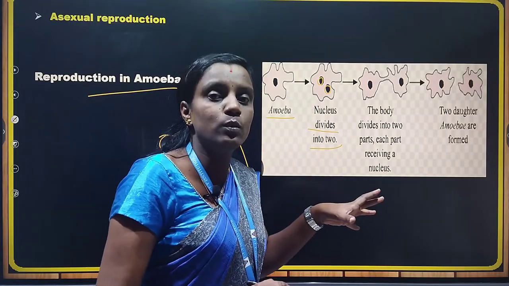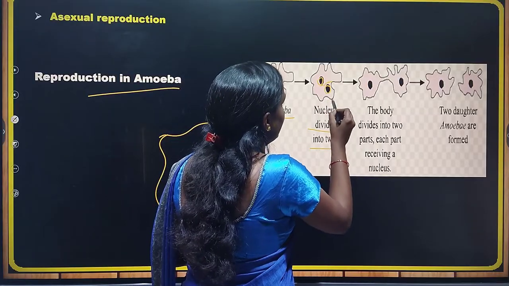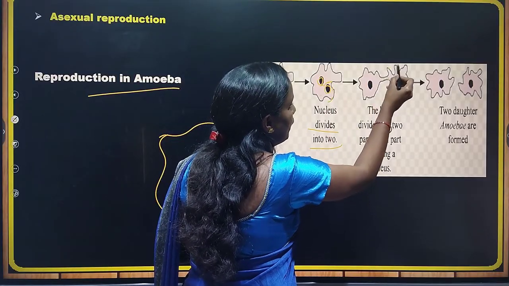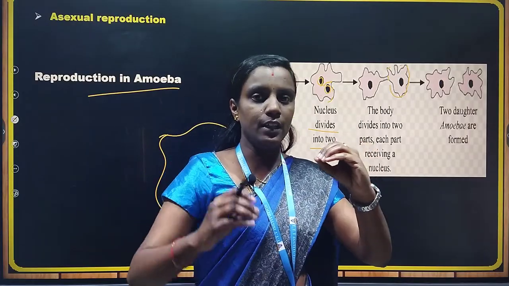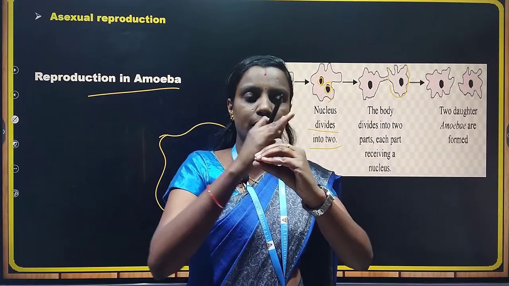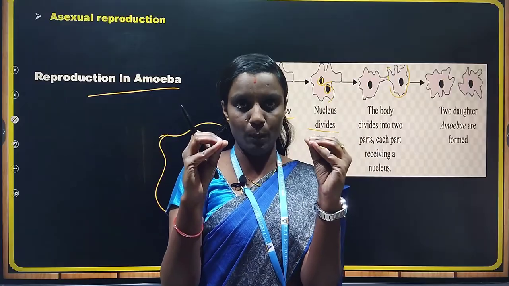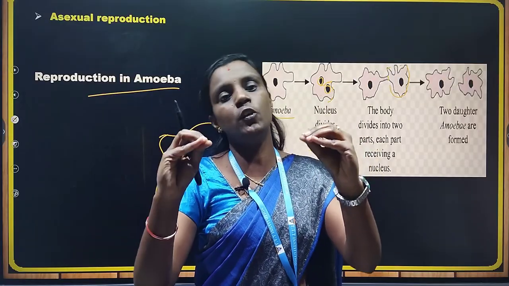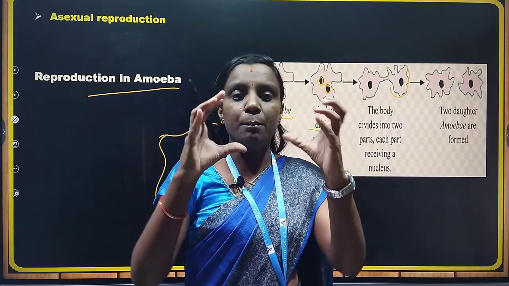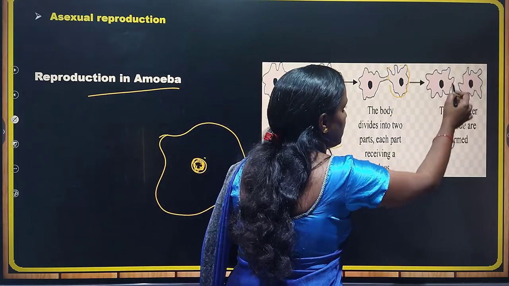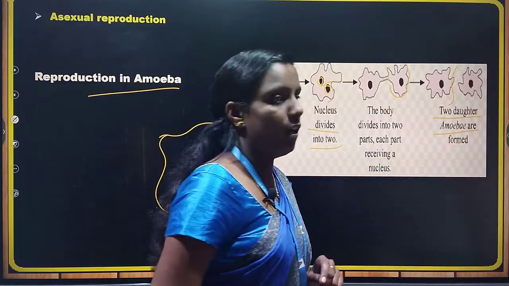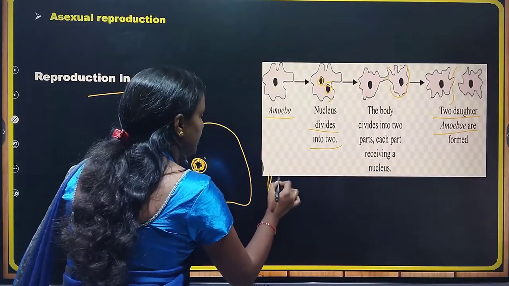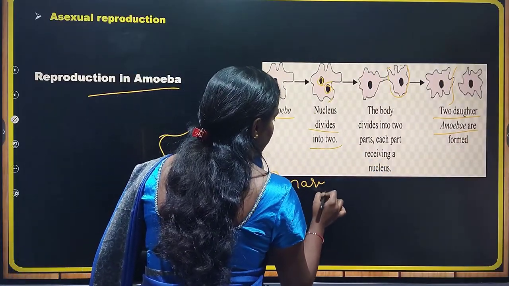That one nucleus, what does it do? It is going to form a new body. Fine. One nucleus divides, then two separate nuclei will be formed. So each separate nucleus will form a separate body and detach from them. Okay. So two daughter amoeba are formed. So this we call binary fission.